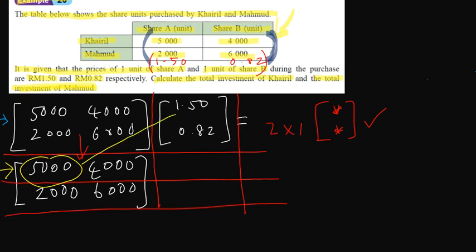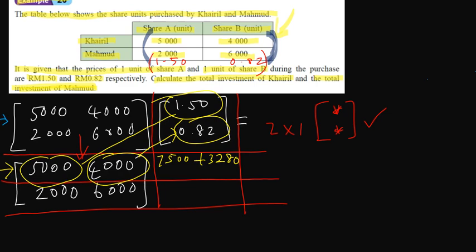Yeah, you start with the first row. 5,000 times 1 ringgit 50 cents, you'll get 7,500, and then you have to plus this one times 82 cents, you'll get 3,280.